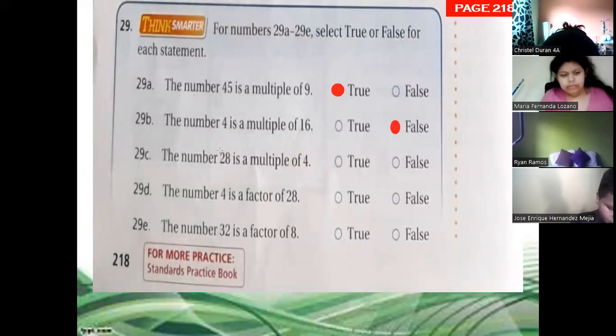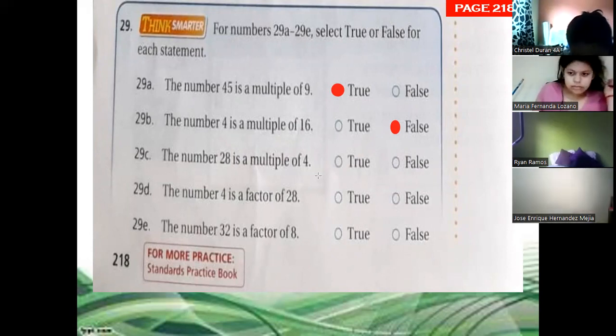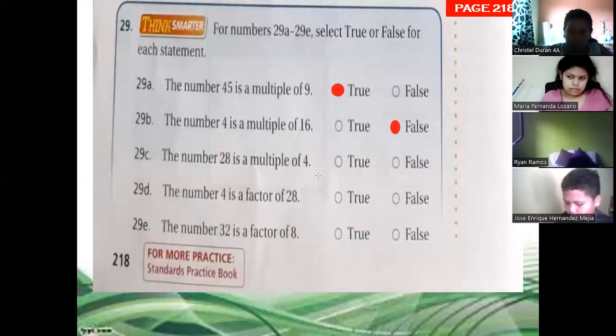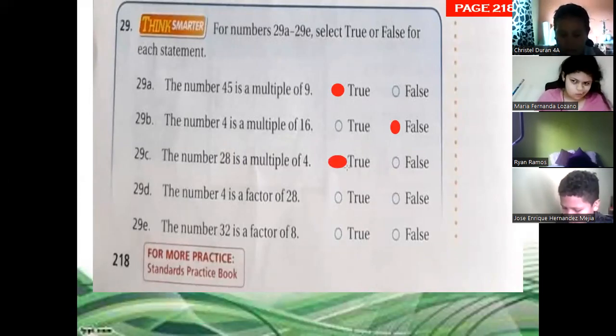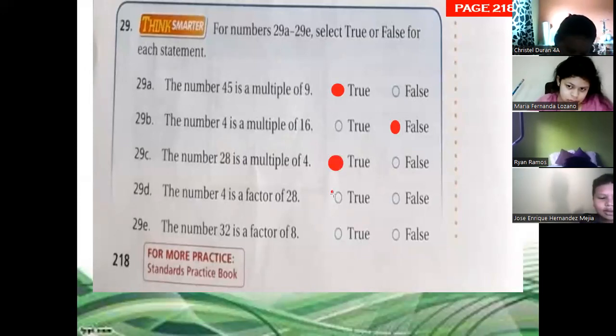Now, the number 28 is a multiple of 4. Let's multiply 4 times 1, 2, 3, 4, 5, 6, 7. Yes, 4 times 7 is 28. The number 4 is a factor of 28. Yes, 4 times 7 equals 28.